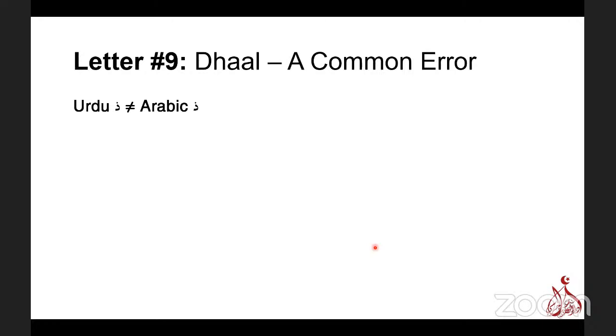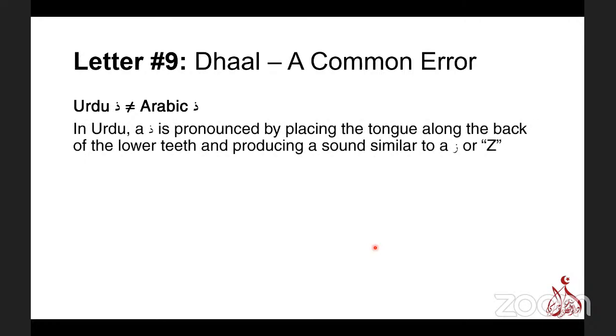And to be precise, if you use the Urdu zaal in Arabic, you're actually going to make a different letter and the meaning of the Quran will change. In Urdu, the letter is pronounced by placing the tongue along the back of the lower teeth. And when you do that, you end up producing a sound similar to a z. That's the sound that comes out. That's why it's called a zaal.